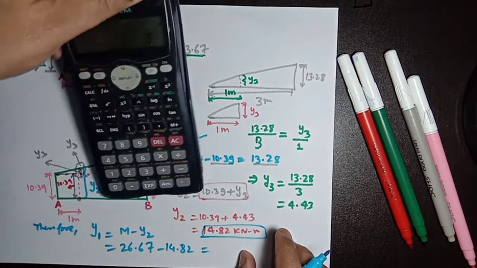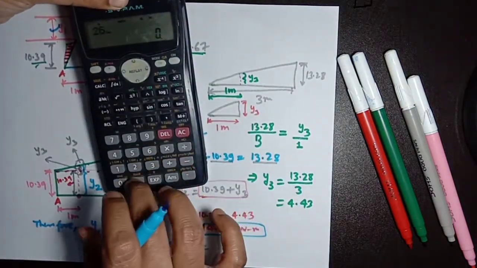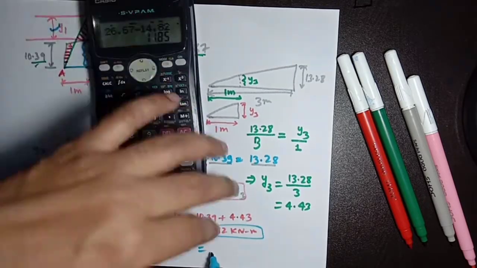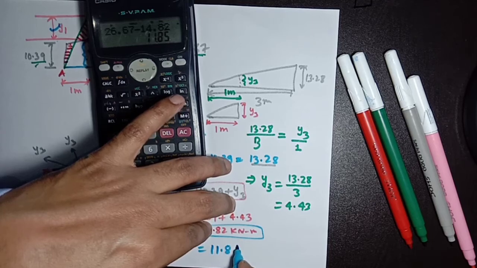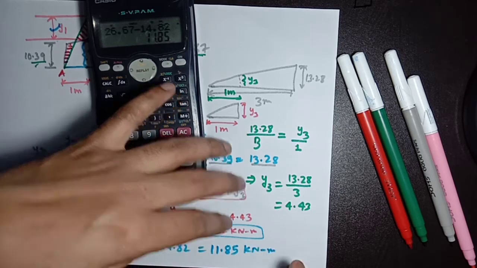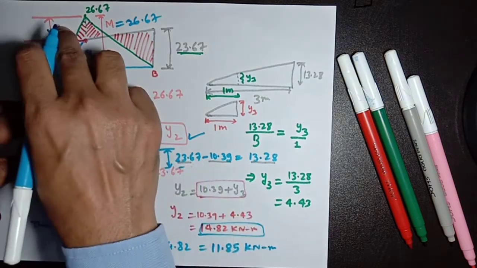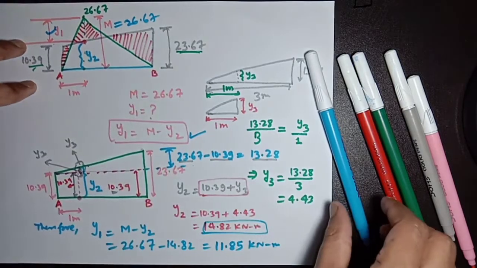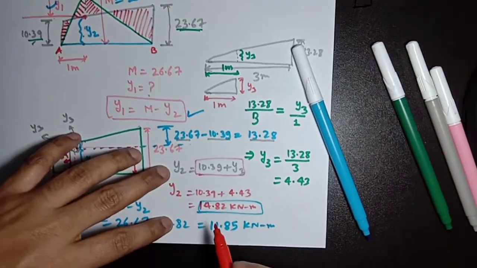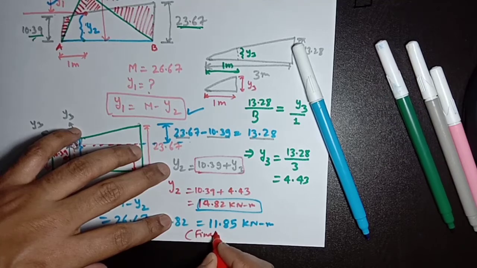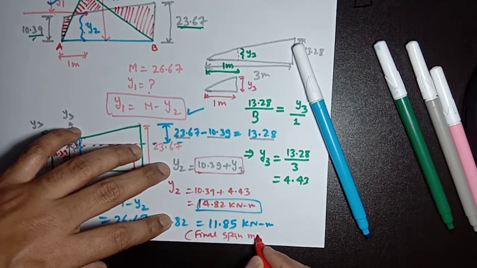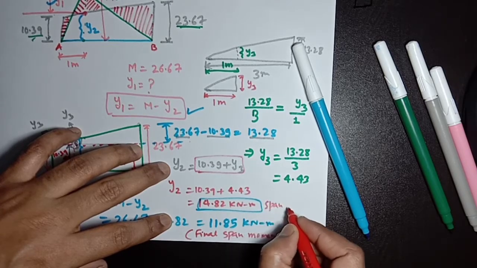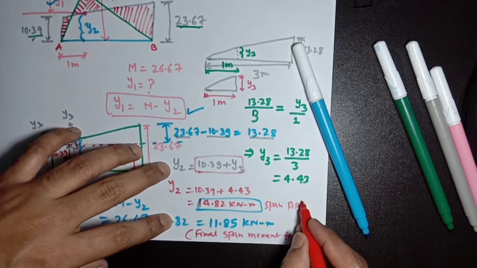So the value calculated here will be 26.67 minus 14.82, it will be 11.85 kilonewton meter. So this is the span moment for span AB. The final span moment for span AB.